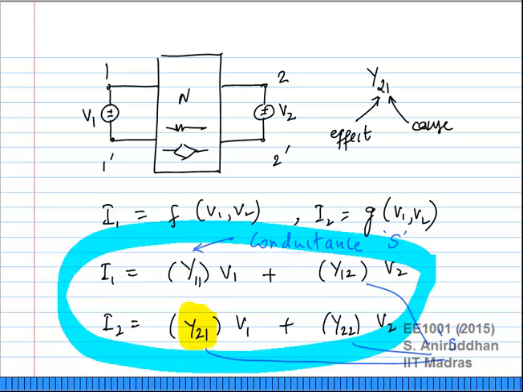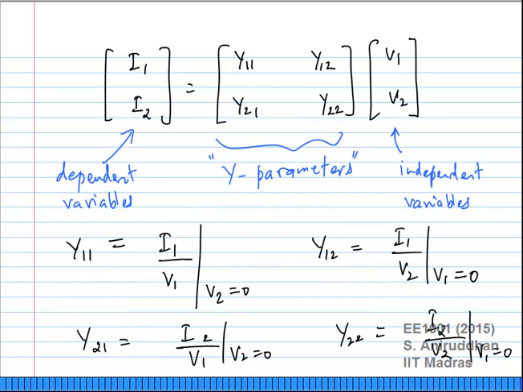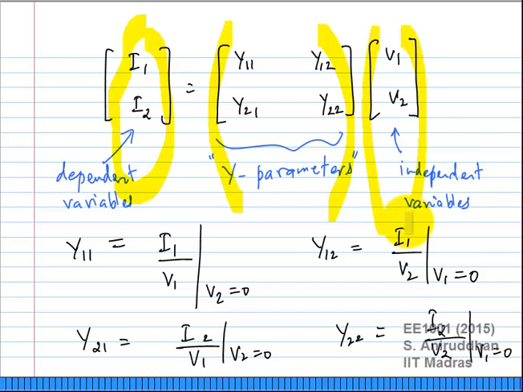I can represent the dependence between them as I1, I2, I3 now. I'll get a 3 by 3 matrix here, and I'll have V1, V2, V3. If I choose N ports for the network, I'll get an N by N matrix representing the network. Is that clear? Any questions?